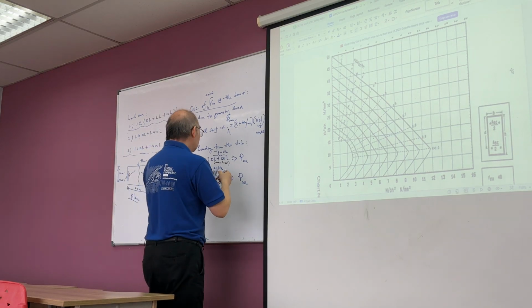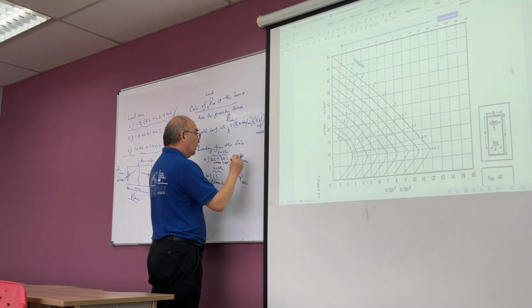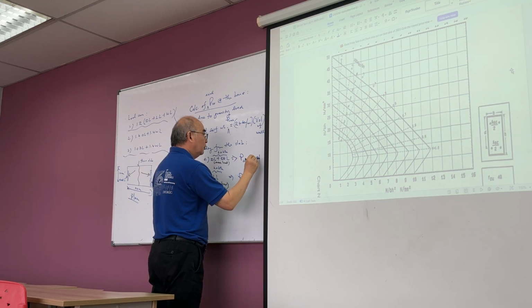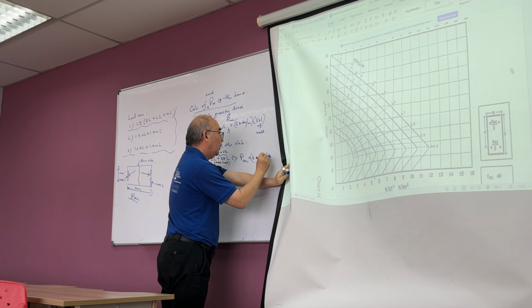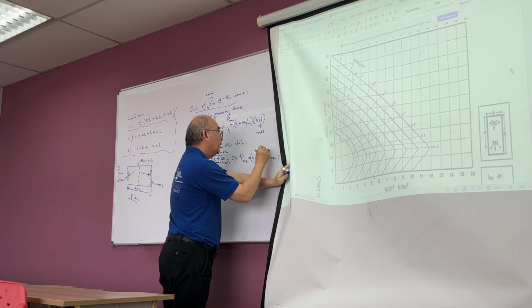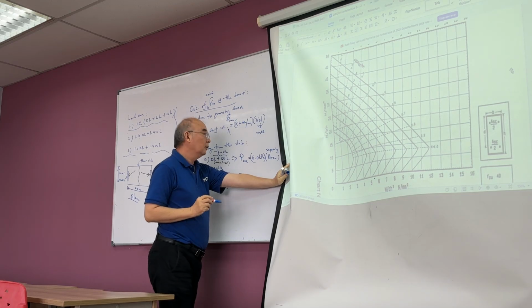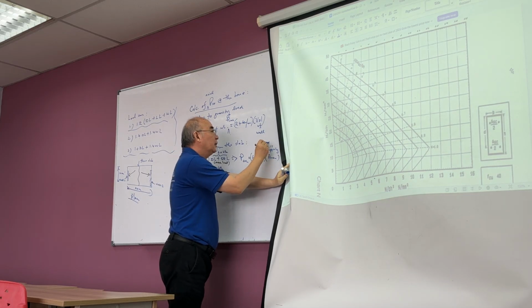So in this example, it is 6.0 kPa multiplied by the supporting area. In this case the supporting area is 100 square meters.